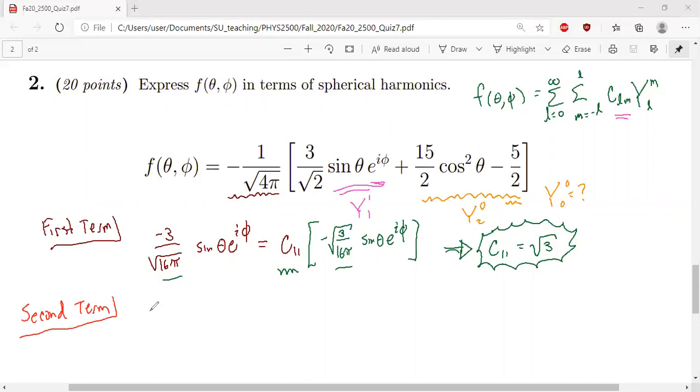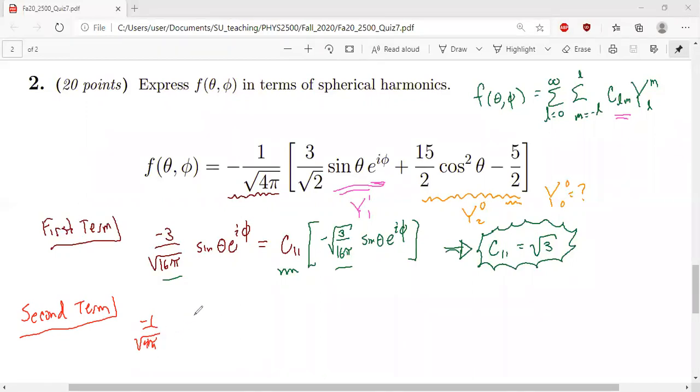So our second term, and for this one, I think it makes a little bit more sense because, if you remember from the table, we have a 3 cosine squared minus 1. I'm actually going to just factor stuff out. So this is the second term from f of theta phi, 1 over 4 pi.